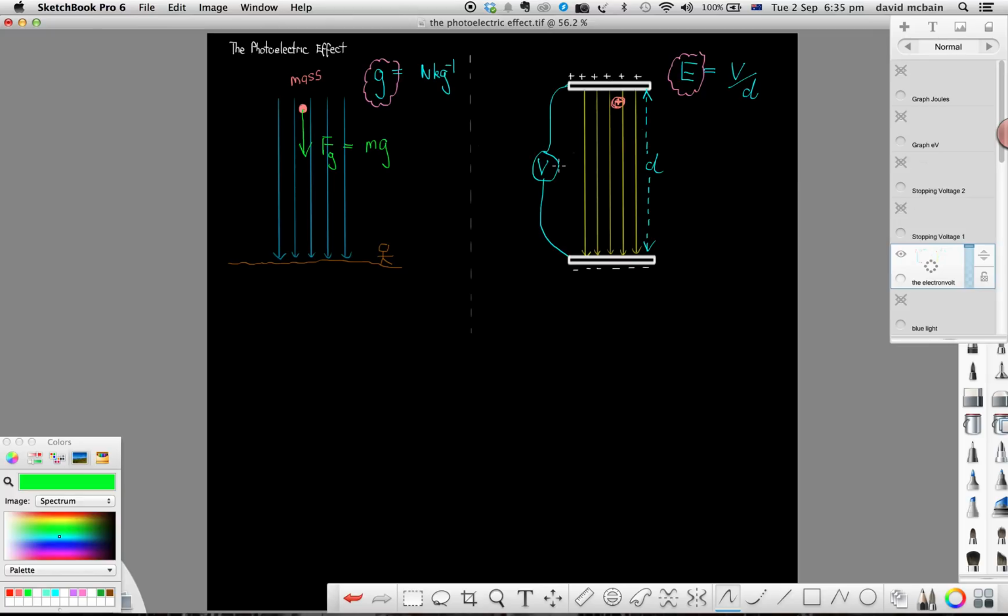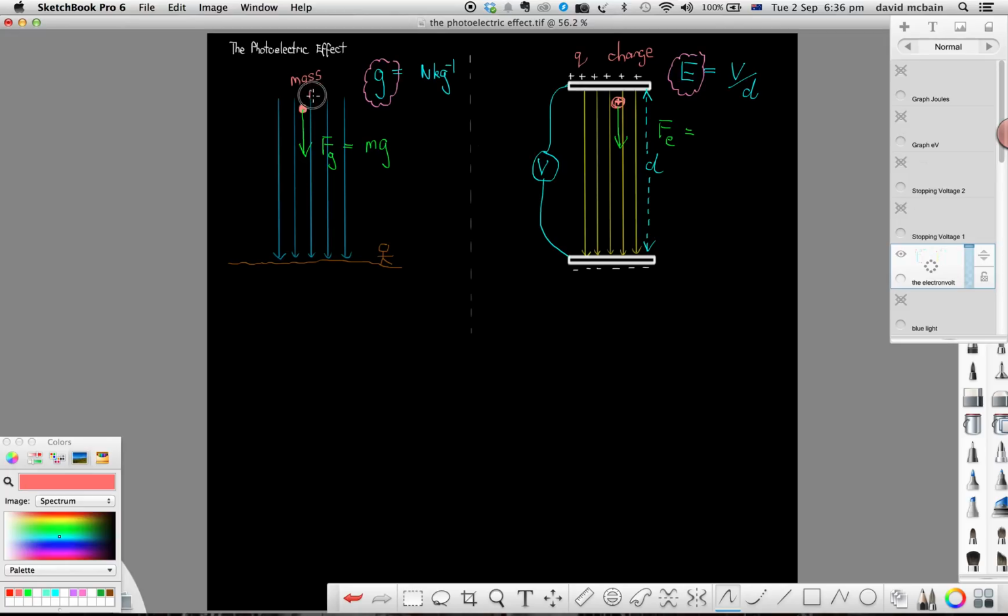Over here, on the right-hand side, we have a charge in an electric field, and it's going to also experience a force. And remember, the positive charge is going to be repelled from the positive plate and attracted to the negative plate down here. So this force is going to act in this direction. And in this case, the electric force, or the force due to the electric field, is going to equal not the mass, but the charge. By the way, the symbol for charge is going to be lowercase q.